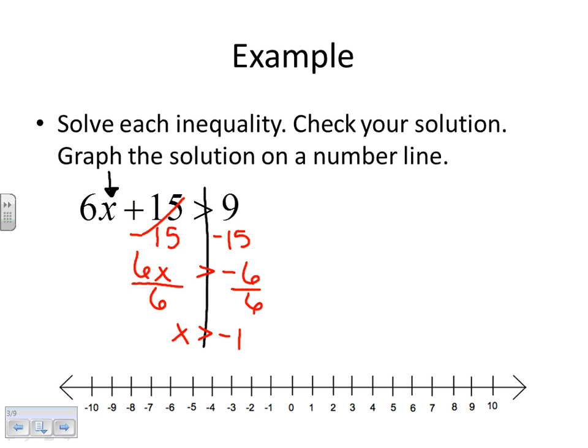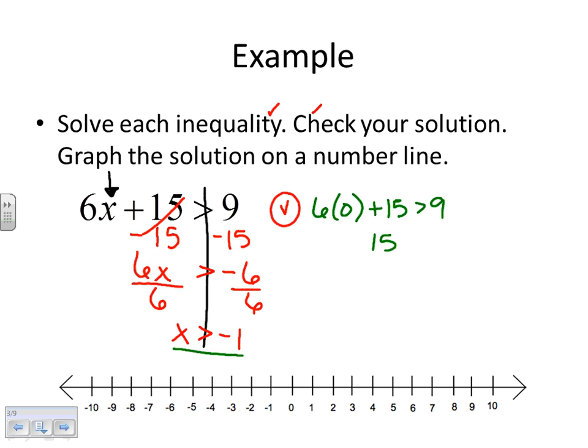Okay. Now, here our directions ask us to solve each inequality. Then we're going to check our solution. So we're going to come here and check our problem. And we have x is greater than negative 1. So I want a number that's going to be greater than negative 1. Let's say 0. 0 is greater than negative 1. And we say 6 times 0 plus 15 is greater than 9. 6 times 0 is 0.